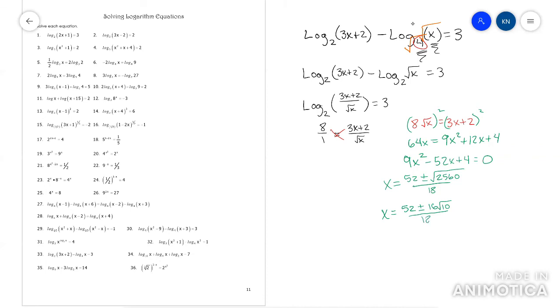And so now you can reduce. And so you'll get, these are all divisible by 2. So you should get 26 plus minus 8 root 10 over 9. That's a hard problem. So that's how I would have handled it, though.